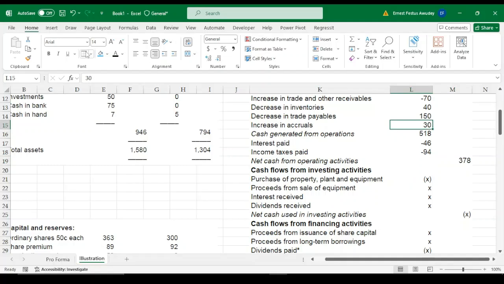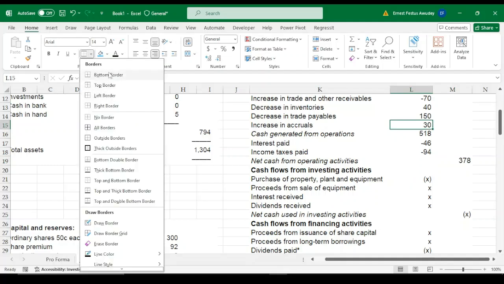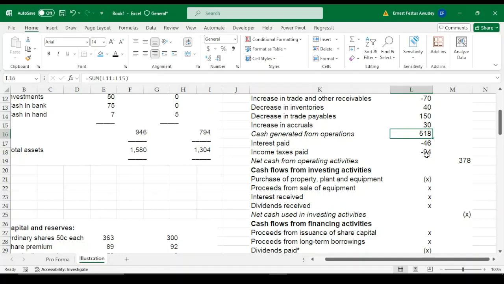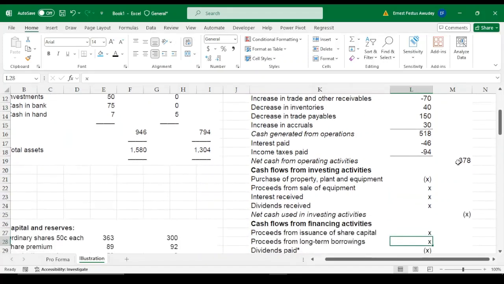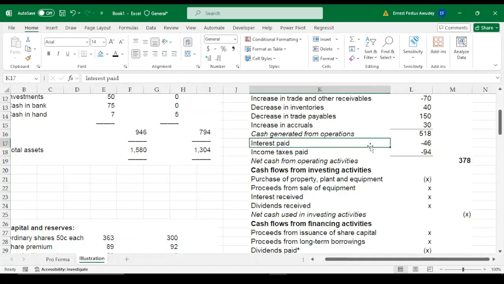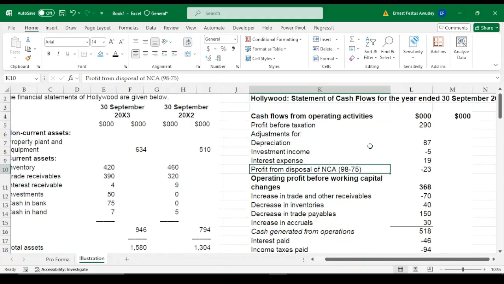Okay, that's our net cash from operating activities right there. And let me also insert another border here. Okay, so that is it. Then let me also bold this amount. Then that is it for the cash from operating activities using the indirect method.